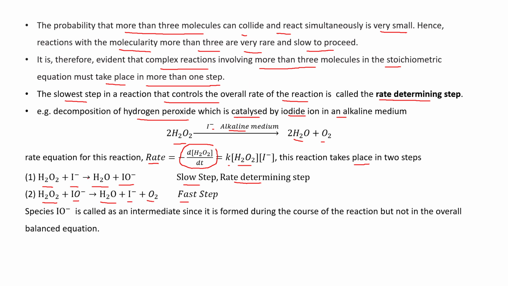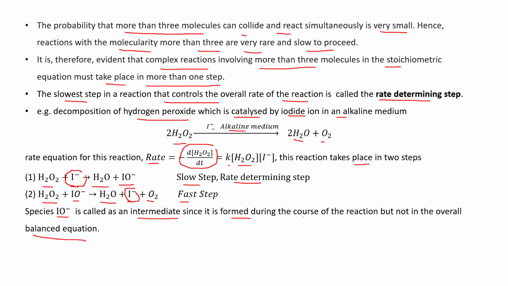Again see, I minus is reacting here, but again appears later. That's why it does not appear in the overall reaction on the reactant side or the product side. That's why this is a catalyst. Now in this case, IO minus is called an intermediate because it is formed during the course of reaction but not in the overall balanced equation.